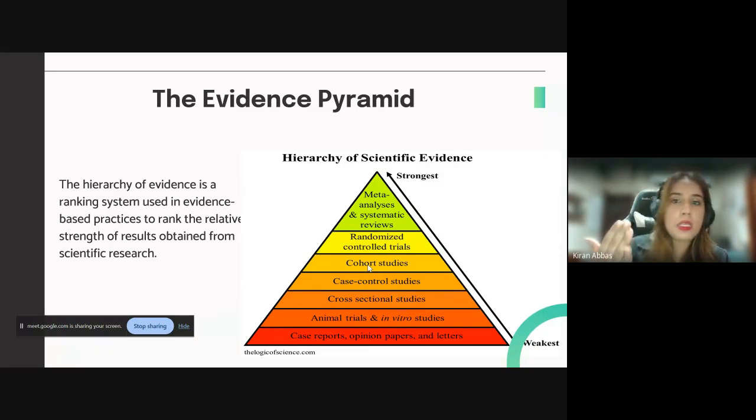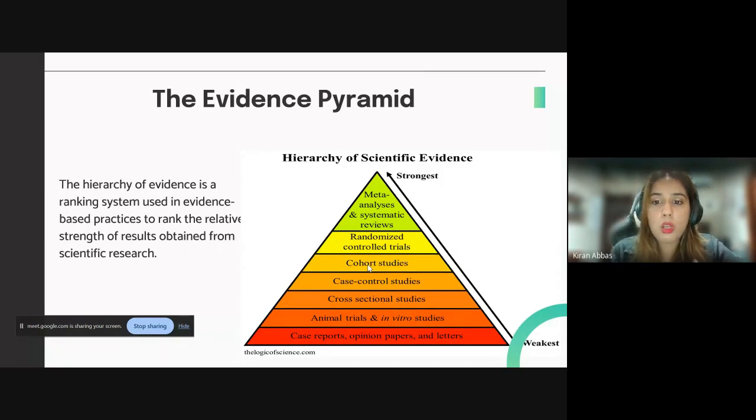When you go up the evidence pyramid, you can see that different types of studies start to show up, and as you go up, the strength is increasing in size, because now we are moving towards a more unbiased form of research, and the methods we use are becoming more rigorous, stronger, and very vigilant of how we recruit the patients, what the sample size is, and how long we follow the patients.